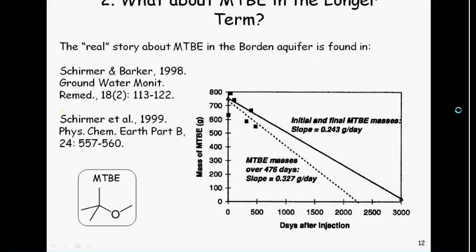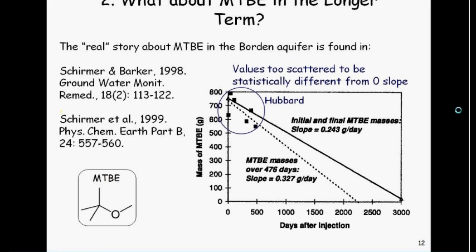So API paid for monitoring to go in, and surprisingly, to me anyway, we found the plume. We ended up with wells that had no MTBE on the outside of where he found the MTBE, suggesting that, in fact, he had found the plume. He had zeros around the outside, and the plume was essentially where he thought it would be.